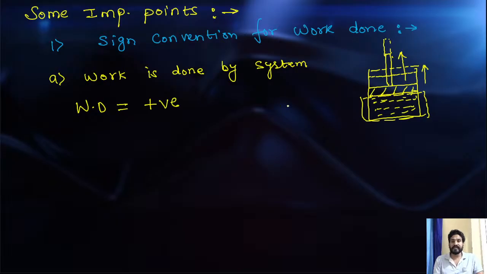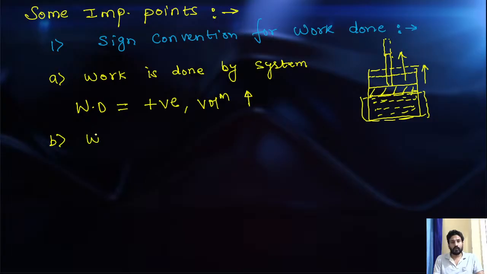Work done is positive means that if my work is done by the system, then for sure this volume will increase. Yes or no? So if work is done by the system, we can write two comments: work done is positive and my volume will increase, right?